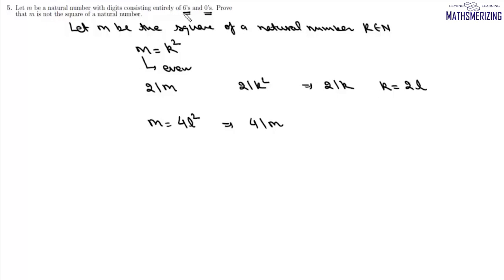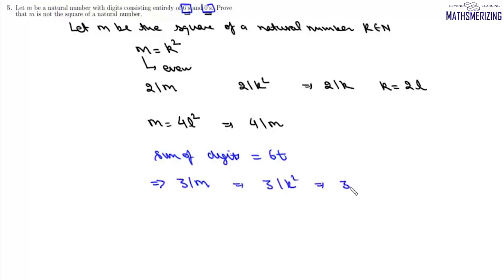Now since all the digits are made of either 6's or 0's, that means the sum of digits will be some multiple of 6, say 6t. And if the sum of digits is 6t, that means this number m is divisible by 3. So we can write 3 divides m. If 3 divides m, that means 3 divides k square.